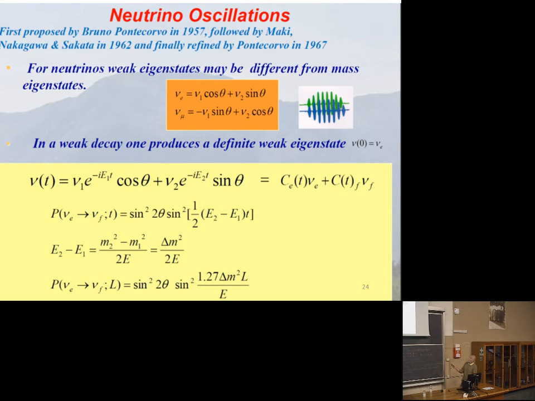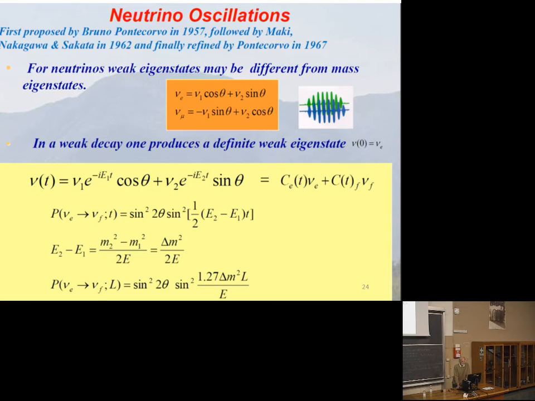And then the unknown part of how much of nu 1 and how much of nu 2 something is, we put in by putting an angle. So we have a cosine and a sine. And that's basically the relationship between the quantum families, neutrinos, and the mass, what we call eigenstates.